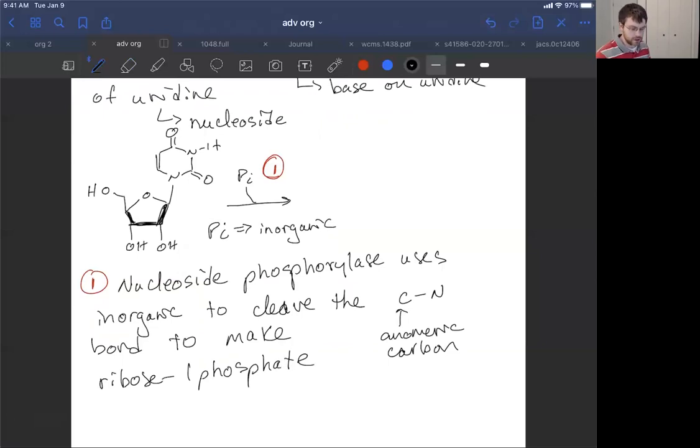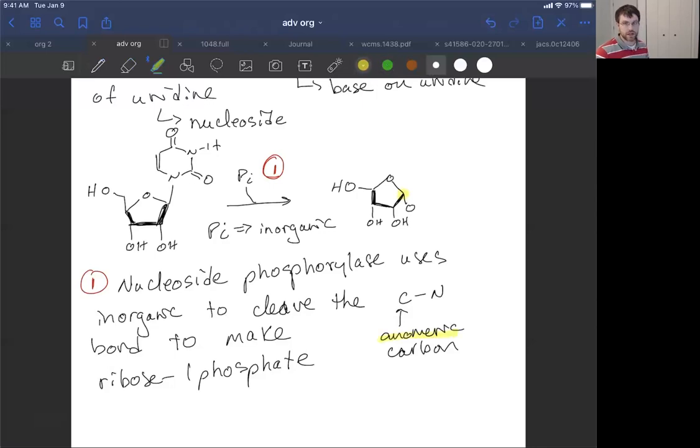Okay, so what does that actually look like now? Let's get some structures on the screen while you're capturing those words. I'm going to consider my entire ribose structure, except now the base is gone. So OH down, OH down. Now it turns out that in this case we replace the N at the anomeric position. And maybe I'll highlight that anomeric position for you. So there's the anomeric carbon.